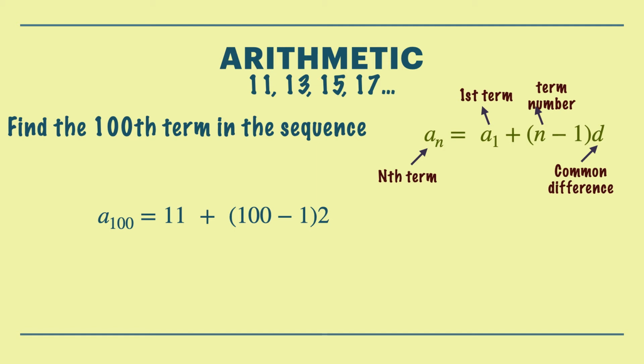Plus, we're trying to find the 100th term, so we do 100 minus 1, times the common difference of 2. So a sub 100 is equal to 11 plus 100 minus 1, which is 99, times 2, which is 198.